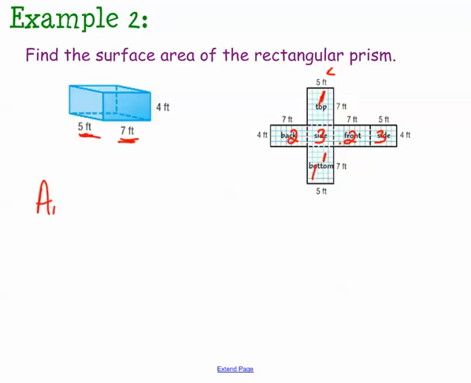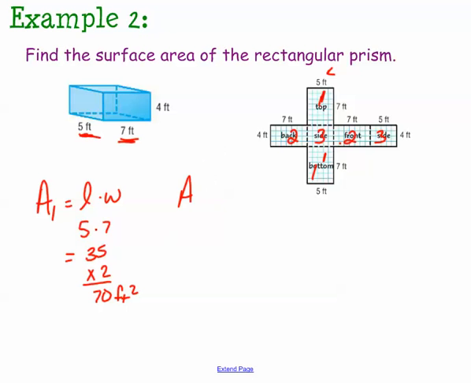All right, so the area of my first ones, that's length times width. So that is a 5 by 7 rectangle. So that's 35. Again, I have to multiply it by 2 because there's 2 of them. So that's going to give me 70 square feet.